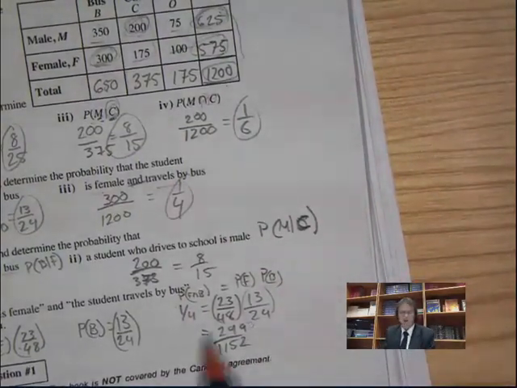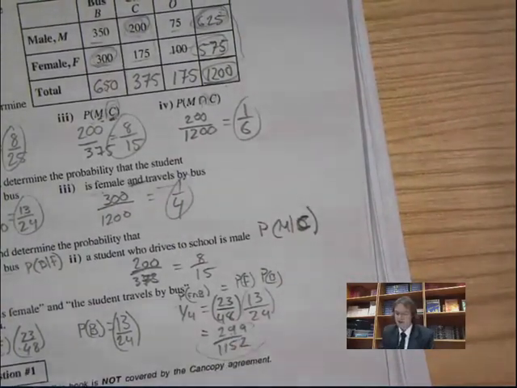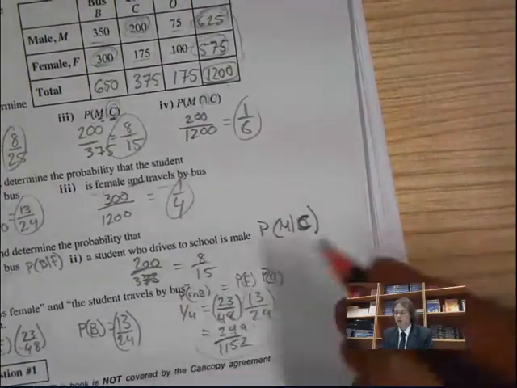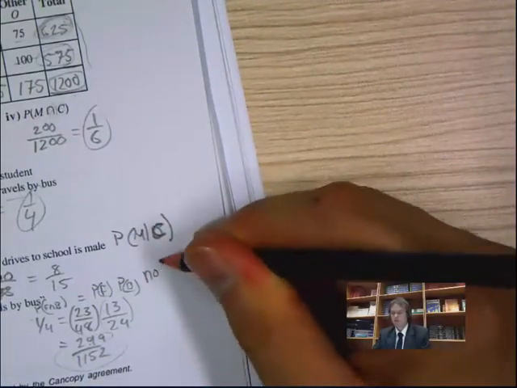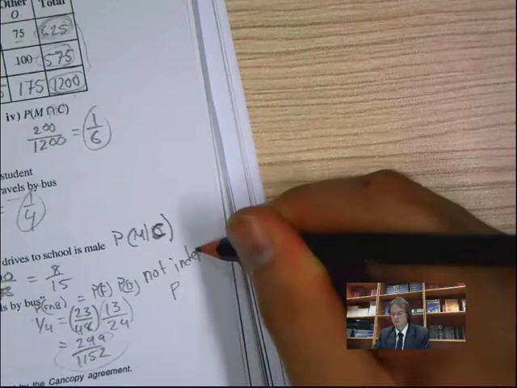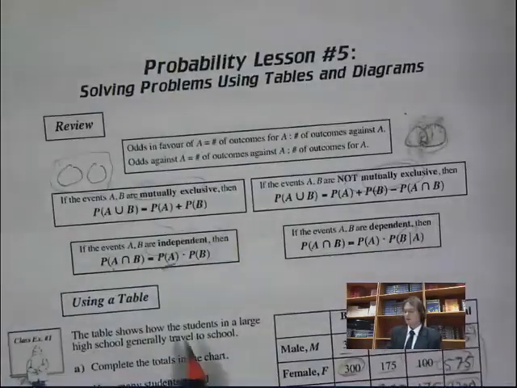So if I look at this, this isn't quite the same as a quarter, is it? So based off that, when we multiply those together, we know it is not independent. So I'm going to put this right here, not independent. And we found that out because it does not satisfy this formula right here.